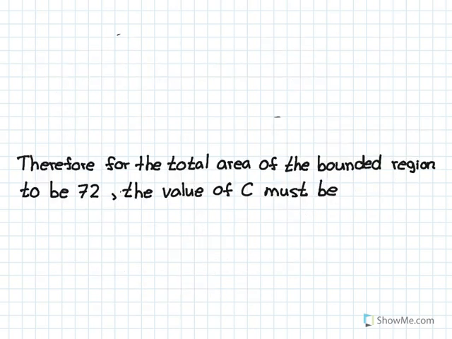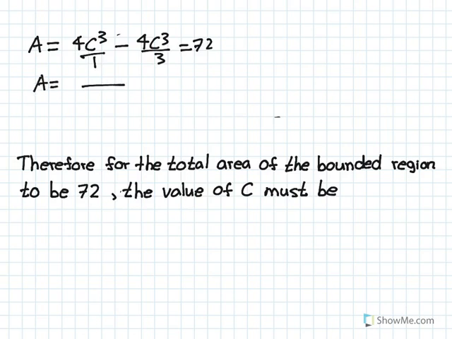All right, so what we have is area is equal to 4c cubed minus 4c cubed divided by 3, equal to 72. Let's take a common denominator. The common denominator is 3. 1 goes into 3 three times. 3 times 4, that's 12c cubed in the numerator, minus 3 goes into 3 one time, we get minus 4c cubed.